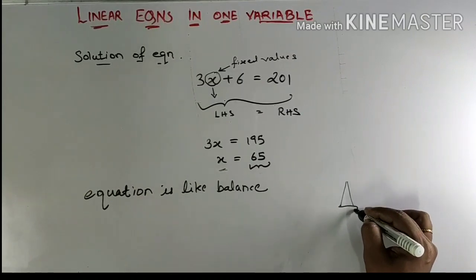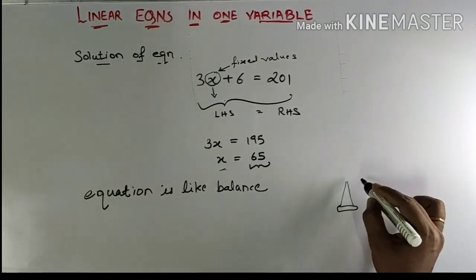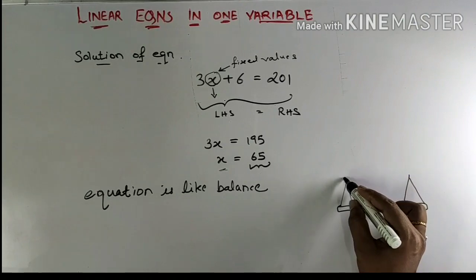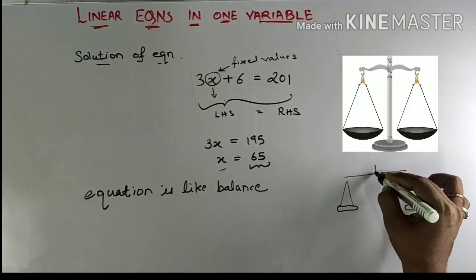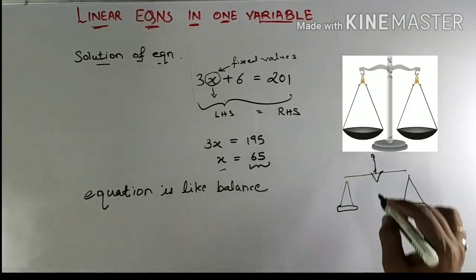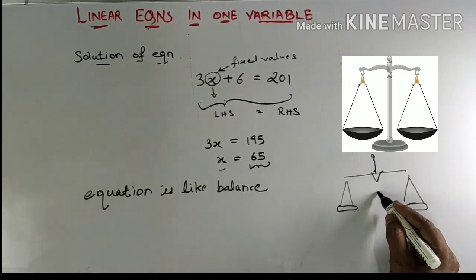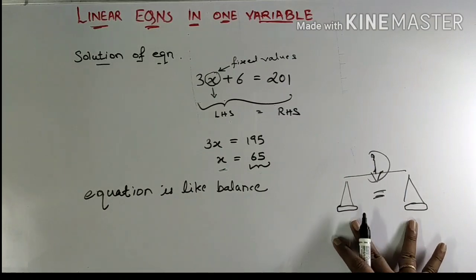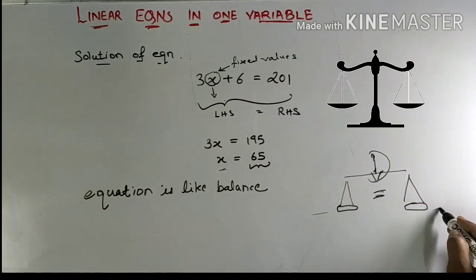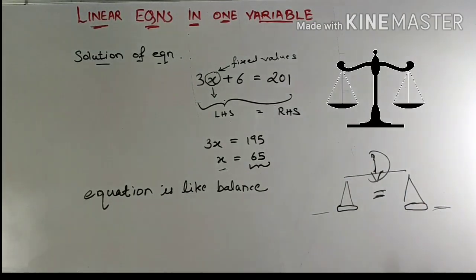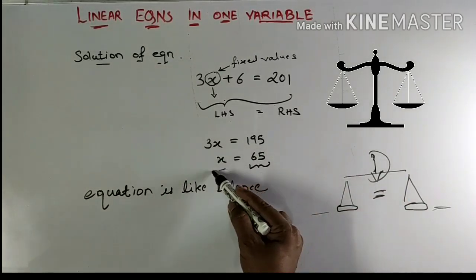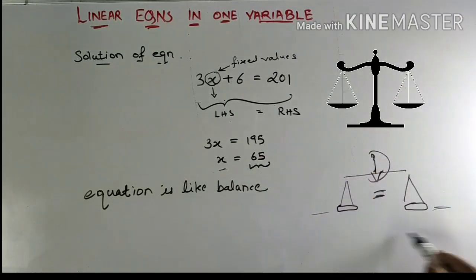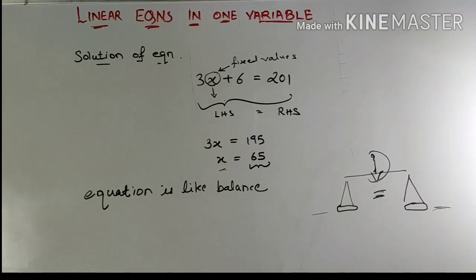So this is a pan, this is a pan, and you have this balance. So an equation is like a balance. This indicator is like my balance. I'll say that the equation is balanced when these two have the same mass or same weight. Only when LHS is equal to RHS will it be called an equation. So you need to remember these 2 points.